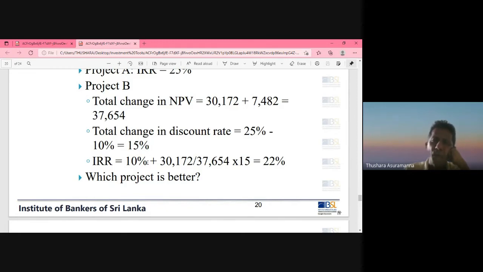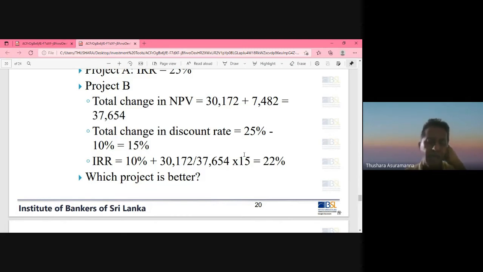And $30,172 is NPV1, divided by NPV1 and NPV2. That's the total change in NPV. We take only absolute values. We are not taking minus values there. Into R2 minus R1. That's 15.